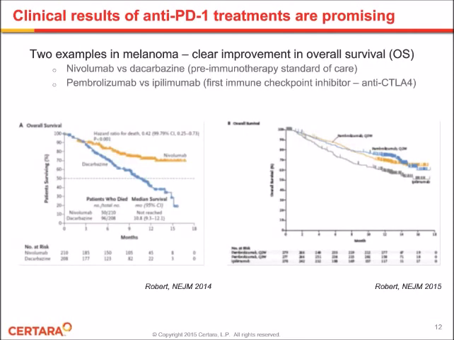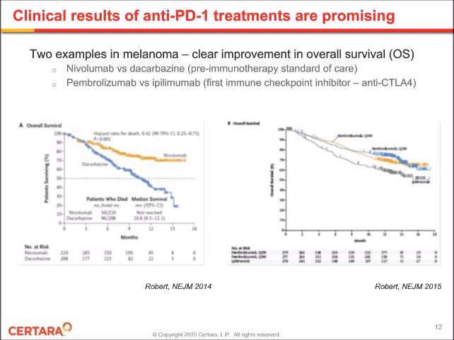But there are definitely good reasons why companies are putting all their efforts in these potential treatments, because actually the efficacy data for PD-1 antibodies look very promising. And here are two examples from the melanoma indication, where both nivolumab on the left side, and what I'm showing here are overall survival curves, so it shows overall survival over time.